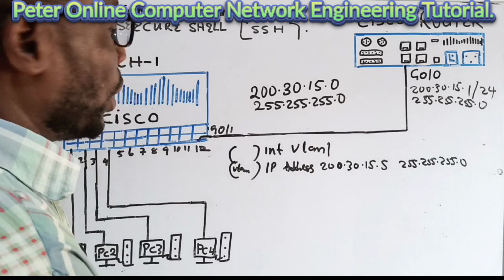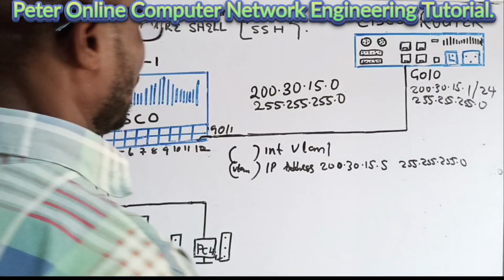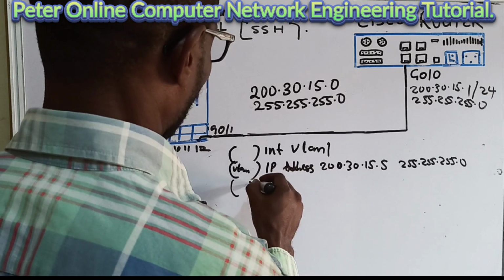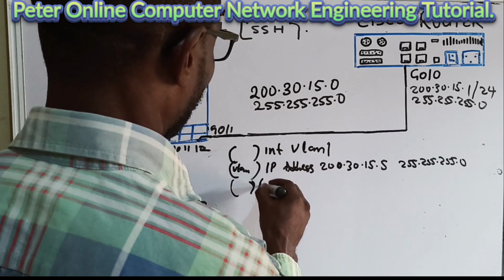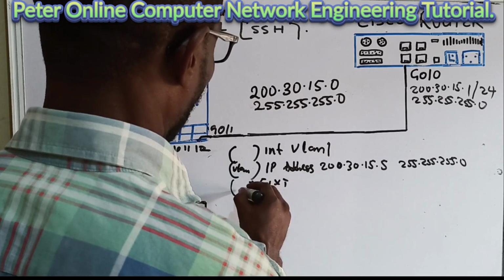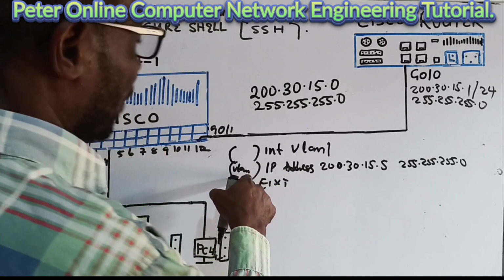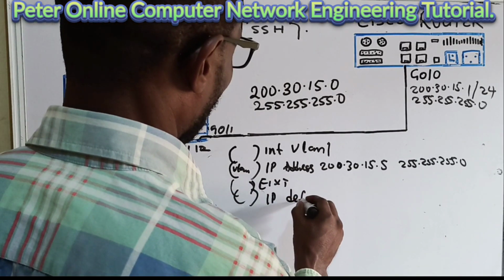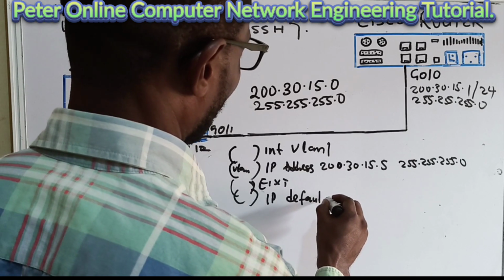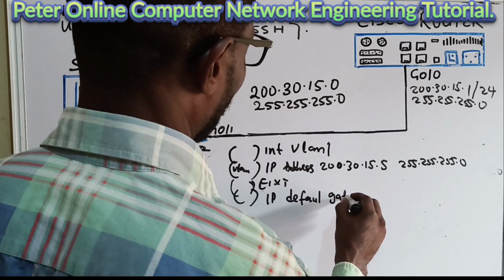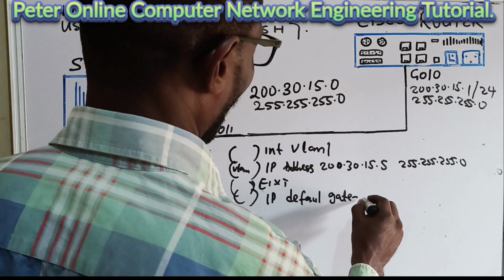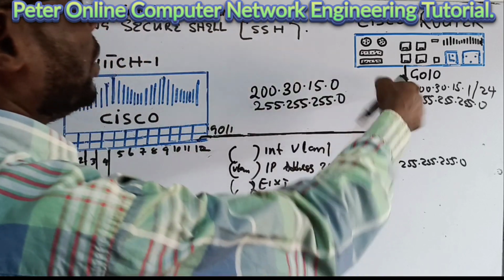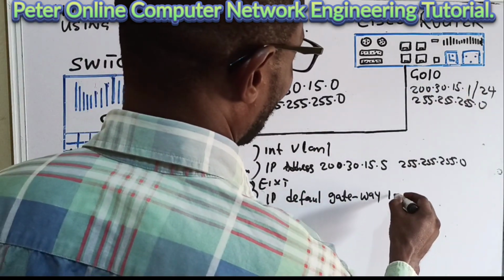You hit enter. Then you put exit to come back to global configuration mode, to quit from VLAN mode, where you enter ip default-gateway. Default gateway is the process of assigning this switch the default gateway, which is the IP address of the router here.